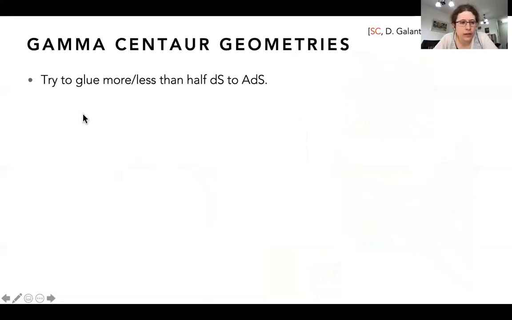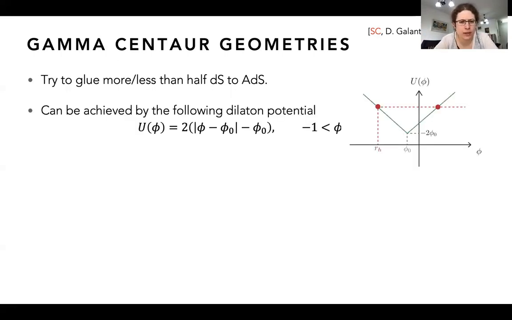All right, now there are different variations that one can do on this setup. The first variation is that you may ask, okay, I glue a specific portion of de Sitter, but what if I glue more or less than, in this case, half of de Sitter to AdS? And this can be achieved very easily.